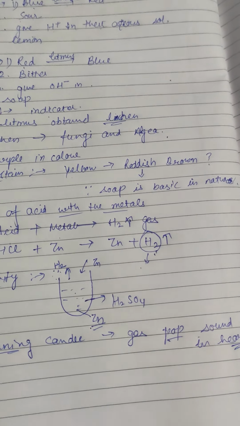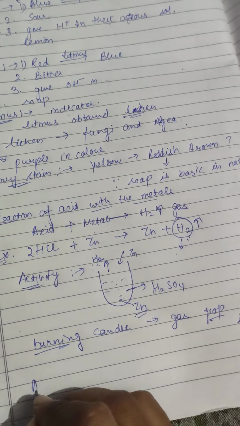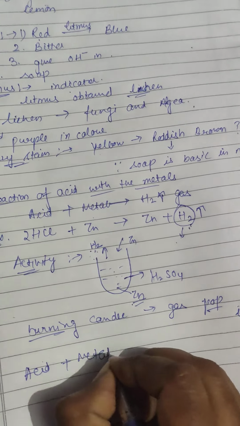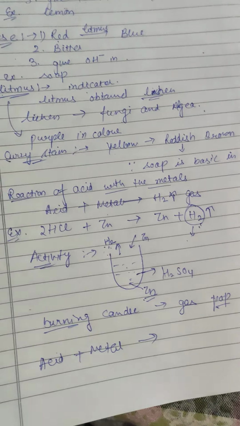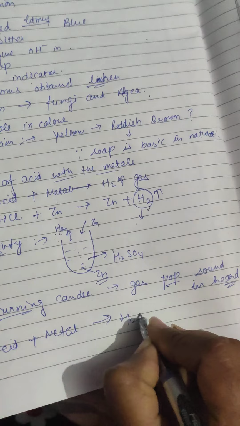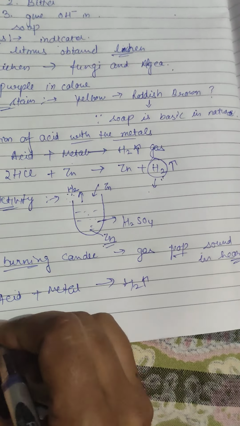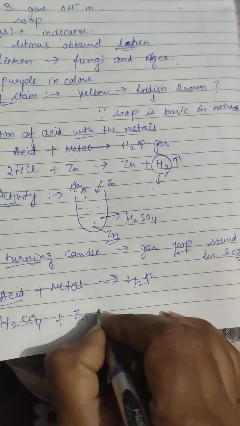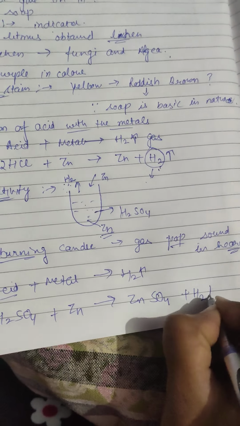Let us see another point. We know that when we add acid with metal, it produces hydrogen gas. For example, we take sulfuric acid plus metal zinc, it is converted into zinc sulfate plus hydrogen gas.